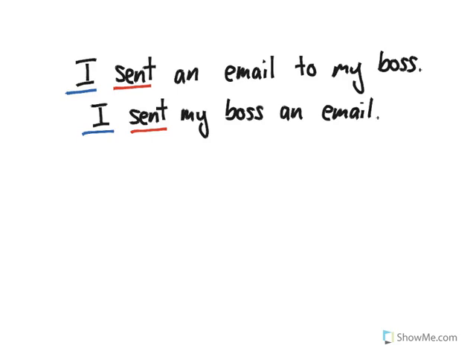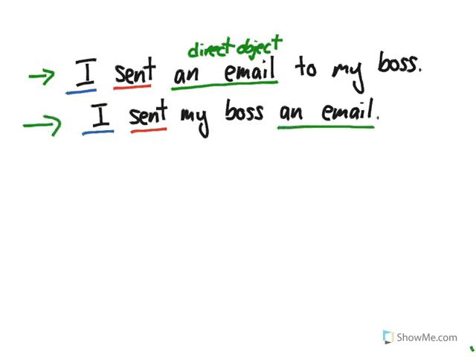Where is the direct object? Ah, the direct object changed places. So in the first version, I sent what? I sent an email. This is the direct object. But in the second sentence, I put an email at the end.